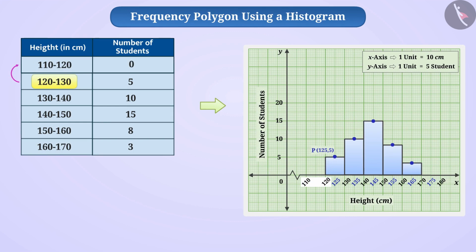Similarly, we also assume that after the class interval 160 to 170, there is an imaginary interval of 170 to 180 and its frequency is 0. We will mark their midpoints. Now, we will connect all midpoints with line segments. This gives us the figure OPQRSTU made of line segments.